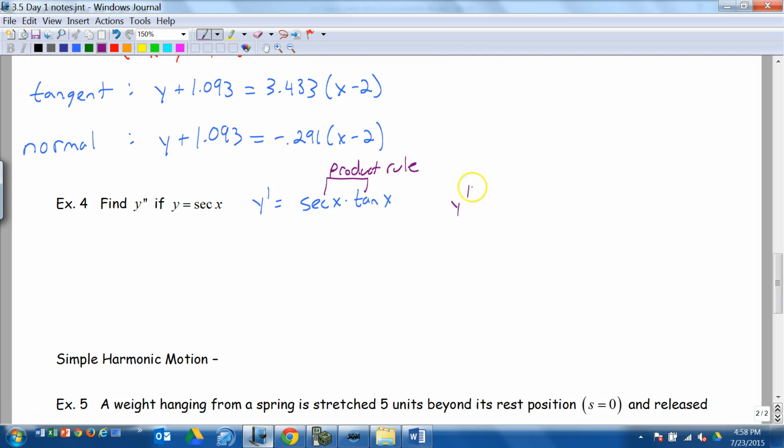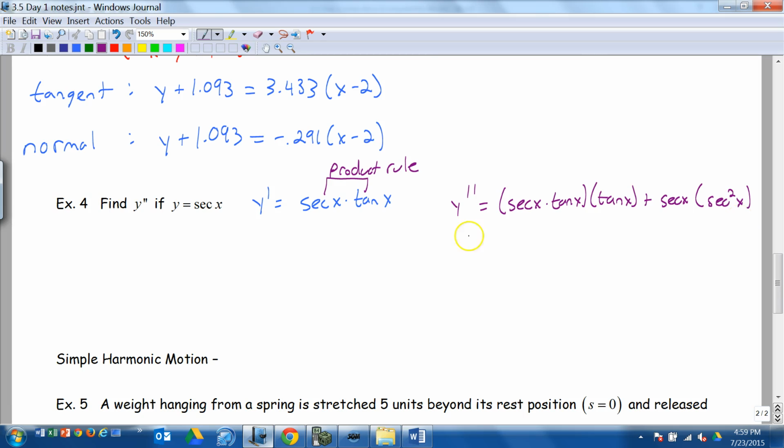So that means y double prime is equal to the derivative of the first, which is secant x times tangent of x, times the same of the second, or keep the second the same, plus keep the first the same, times the derivative of tangent, which is secant squared.